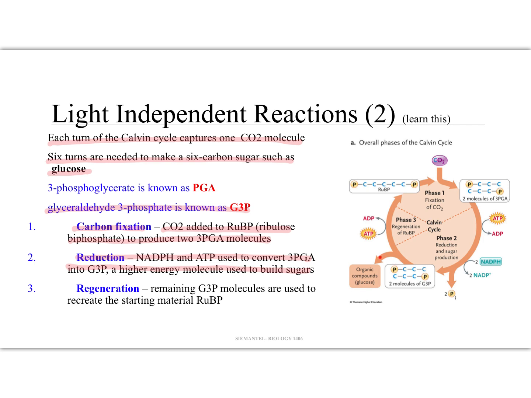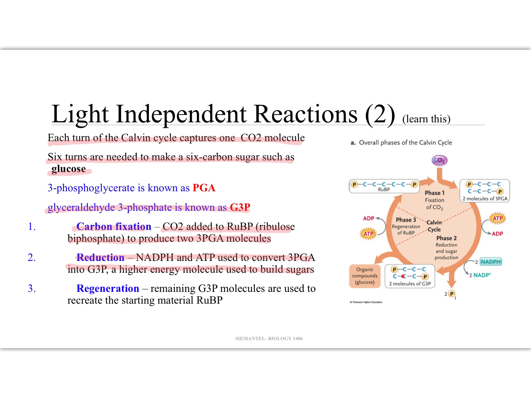So once that's made, here is my product. Here is my organic compound of glucose. I already made my oxygen, so I've made the 2 products from photosynthesis. But the cycle has to reset itself and get ready to do this all over again. So this is where we're going to utilize some of that ATP that we made in the light-dependent reactions.